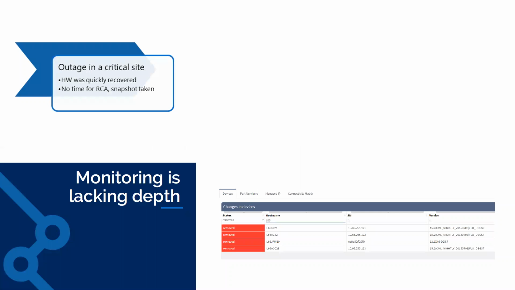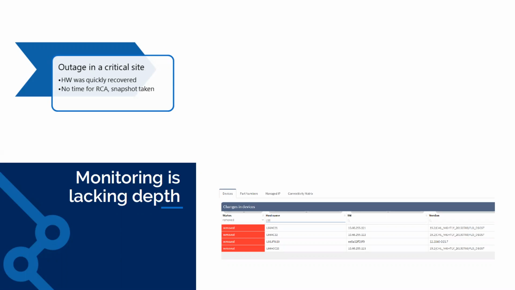So if we look at how this scenario plays out, if there is an outage in a critical site, of course, the monitoring systems detect the outage very quickly. There is no time to go in depth into what has caused the outage or why there is a problem. What operators need to do is to recover the service as quickly as possible. Of course, it's one thing to detect a node outage, but a whole other thing to analyze it.